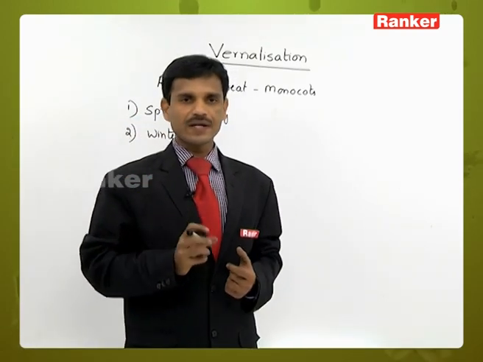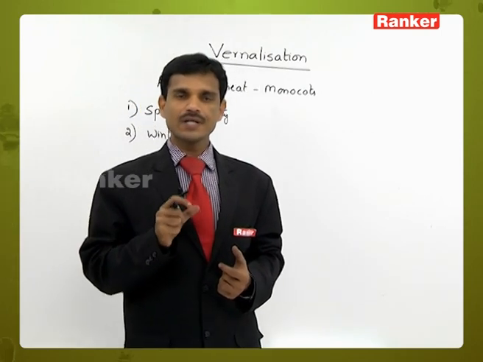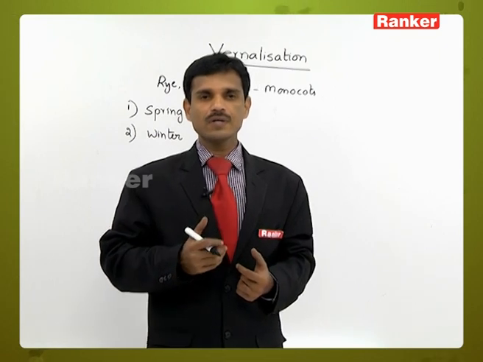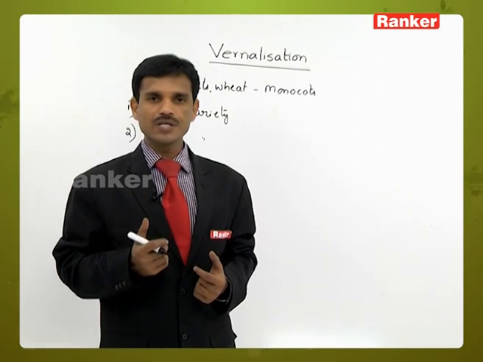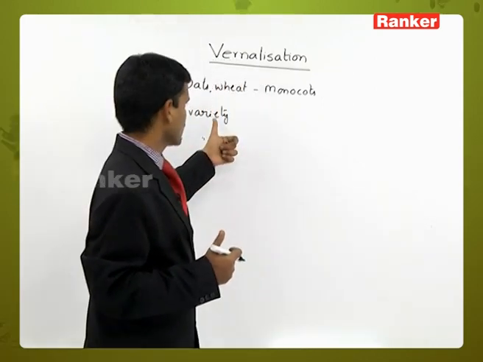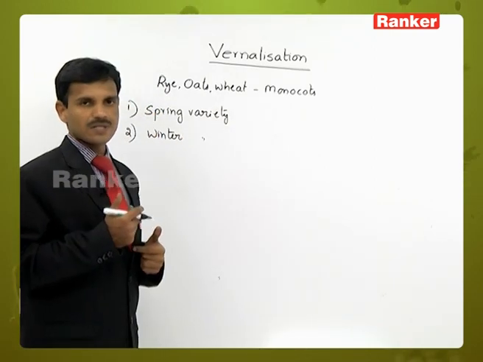The spring variety generally germinates in the spring season, develops and shows growth, and flowering occurs at the end of the growing season or at the start of the autumn season.